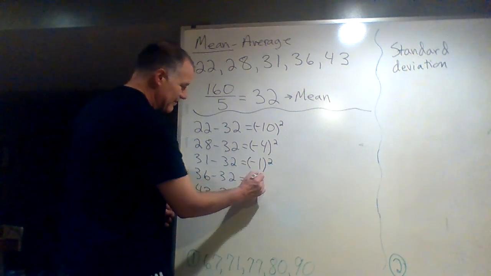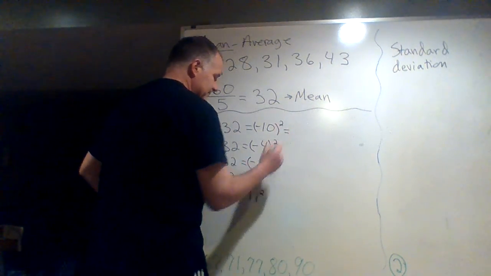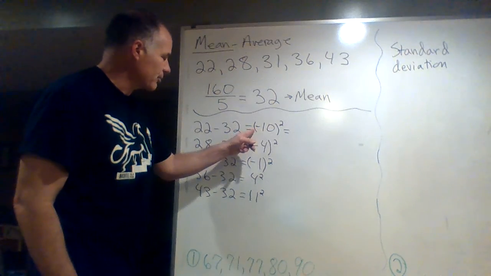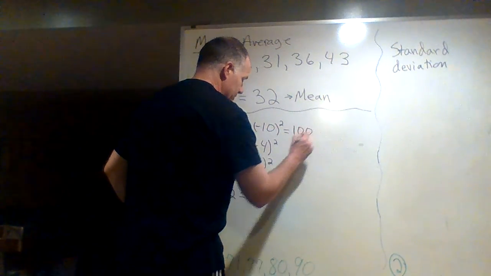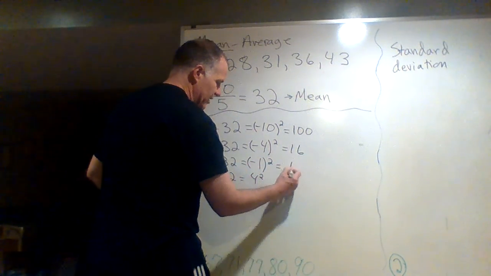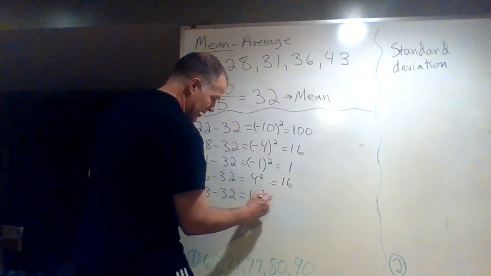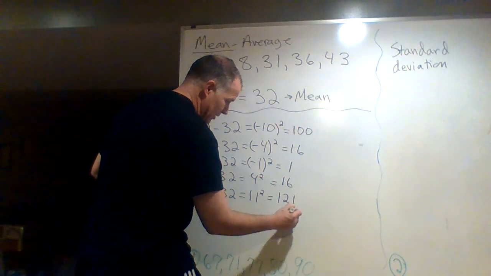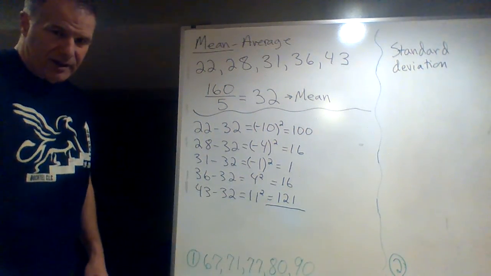If it's a positive, I don't have to worry about the parentheses. So negative 10 squared is a positive 100. Negative 4 squared is a positive 16. Negative 1 squared is positive 1. A positive 4 squared is 16. 11 squared is 121. Obviously, you'll do all this math on your calculator.